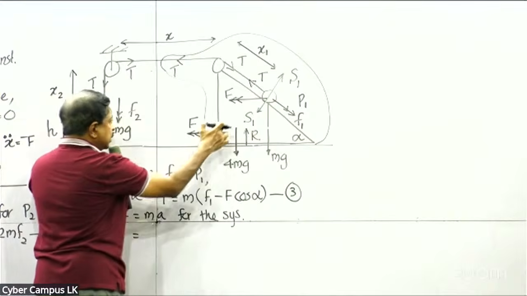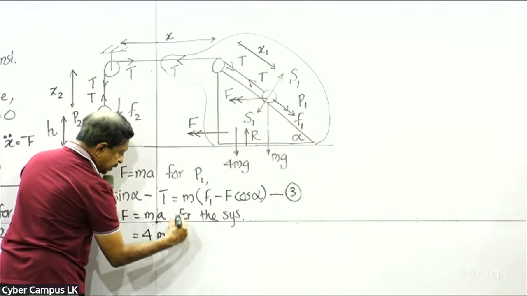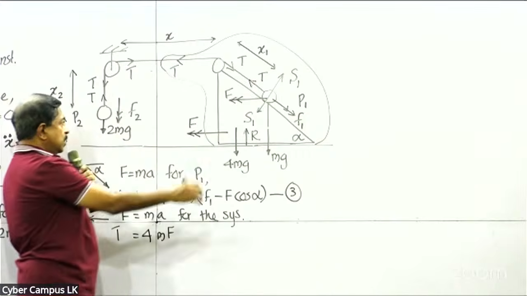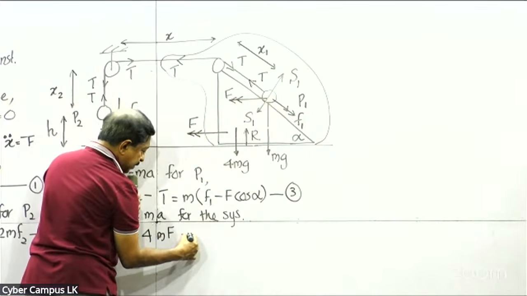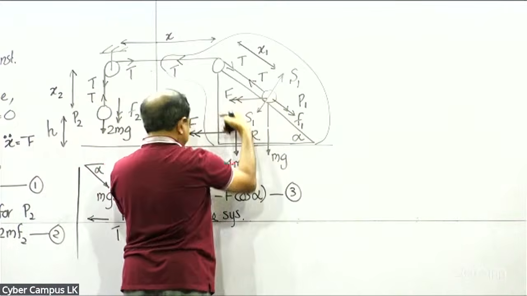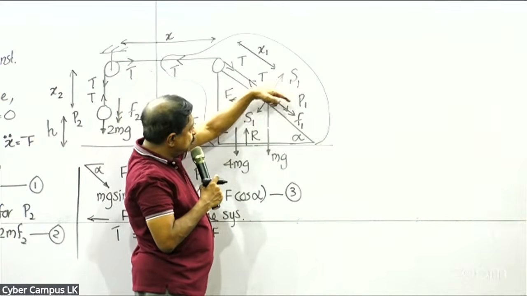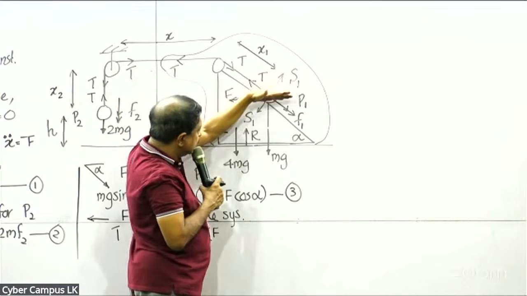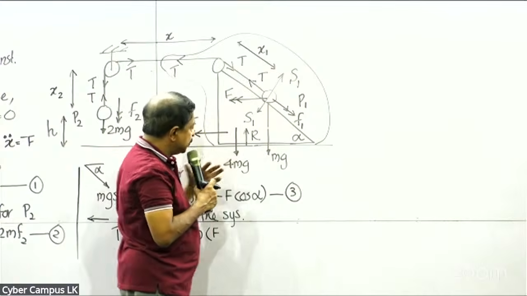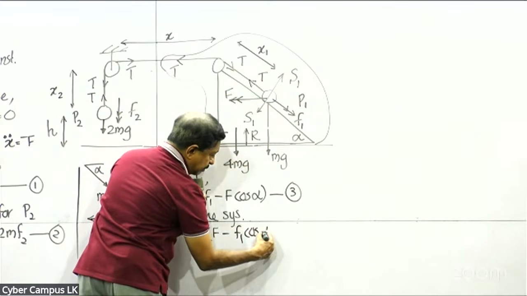Here the mass is 4m, its acceleration is f. Now for this, its mass is m. You have f to this side, and F1 can be resolved. If you resolve it in this direction, this angle is alpha, so minus F1 cos alpha.